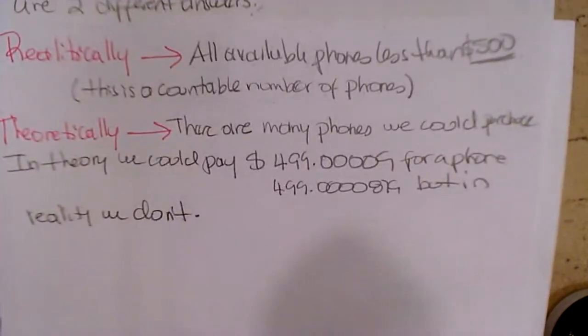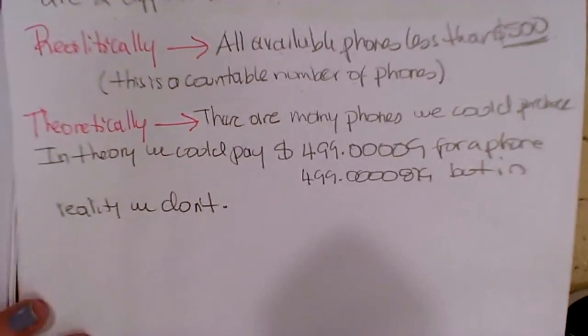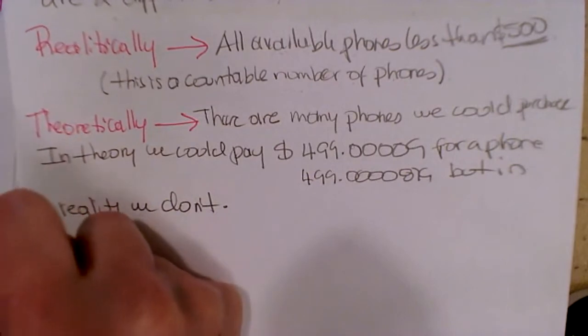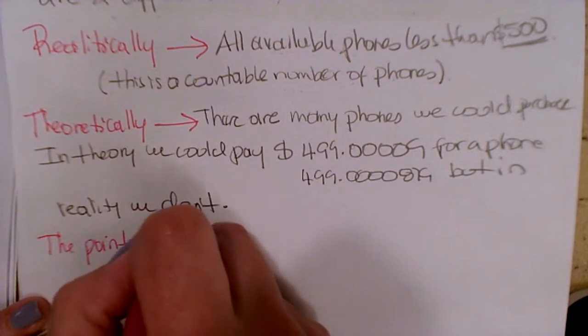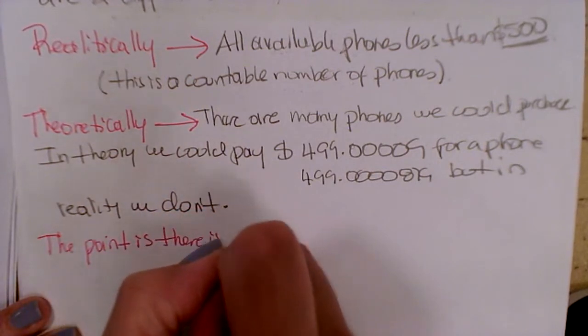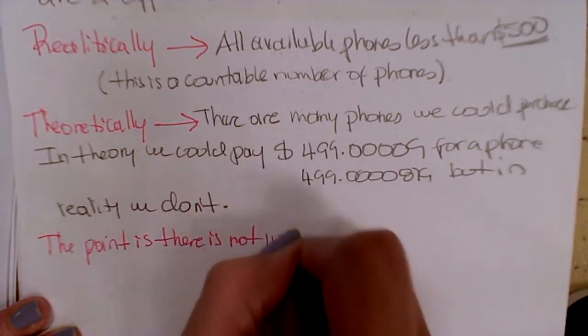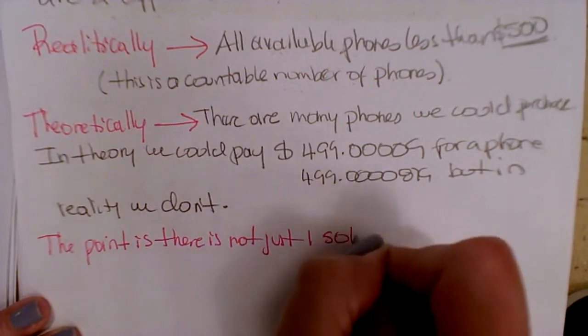Okay? So the point is that there is not just one solution for linear inequalities. There are infinitely many solutions. So it's going to be all of the numbers that are less than 500.